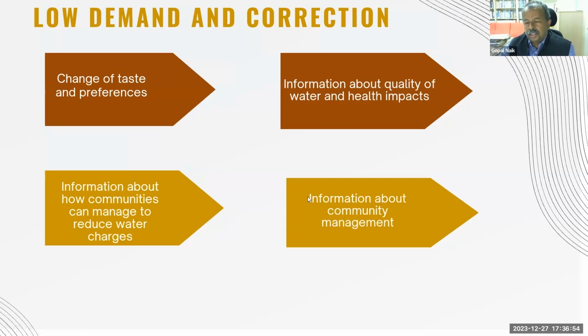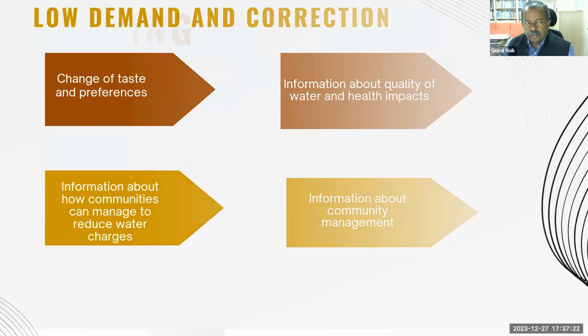So again, information about community management and how it is actually helping efficient management, grievance redressal, and so on, so that the demand can be improved to make sure that you can recover at least the operation and maintenance cost, average variable cost, if not the full cost.